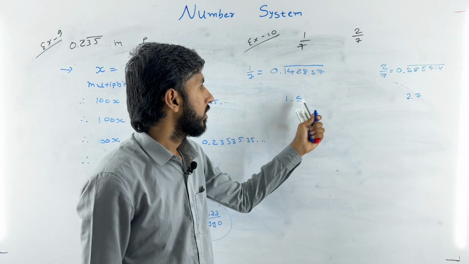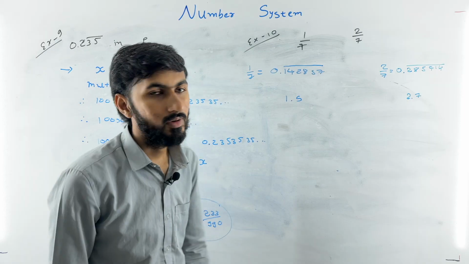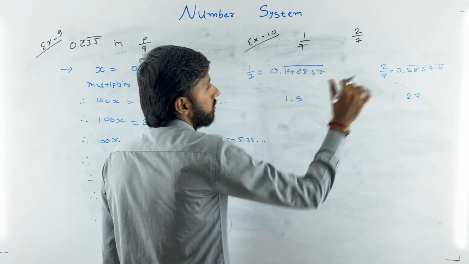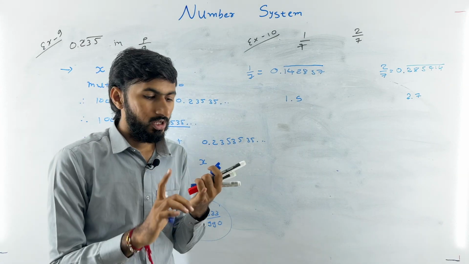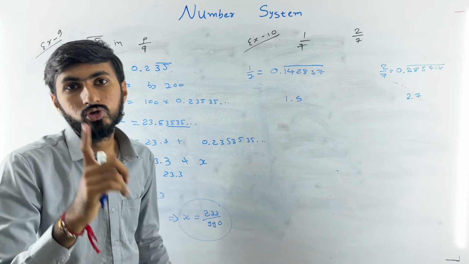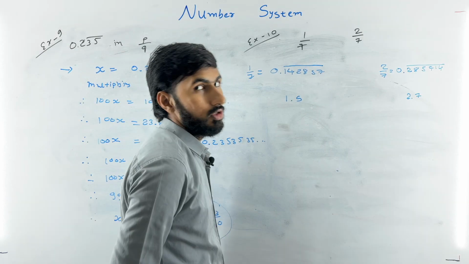So I just have to write a number that comes between them. And for irrational numbers, what was the condition? The number has to be non-terminating and non-repeating. So you have to write any non-terminating and non-repeating number between these two numbers.